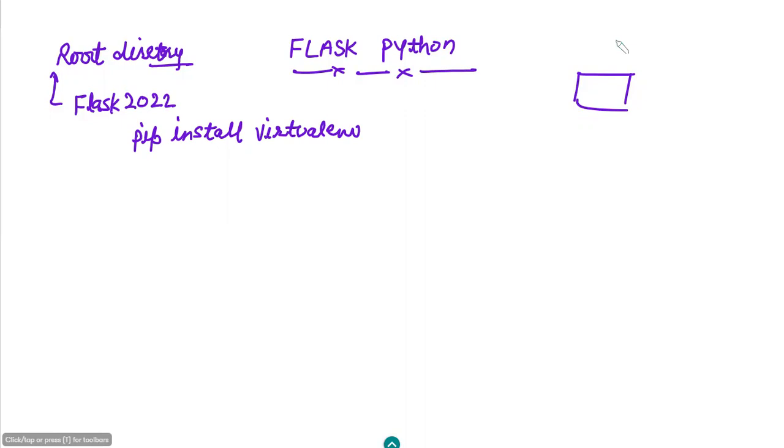After all, now create a virtual environment by giving it a name. I'm writing a command, that is virtualenv. This is a short command and you need to give the name of the environment which you want to create.